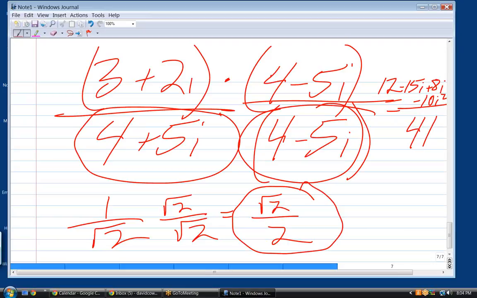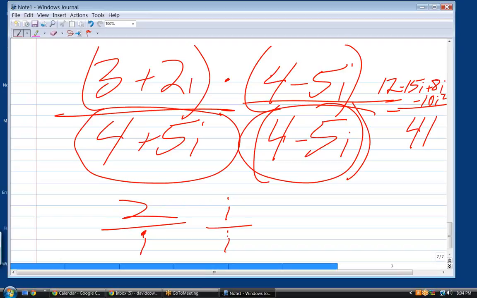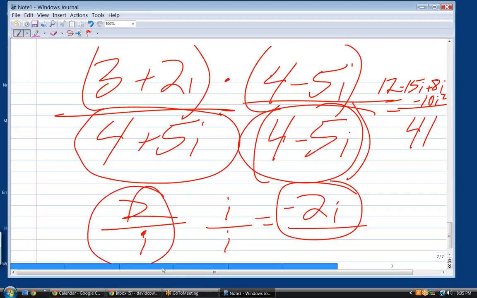Okay, so a similar thing applies to complex numbers. You do not want a complex number in the denominator. If I had 2 over i, that's not a satisfactory answer. But if I multiply that by i over i, well, now I have 2i over i squared, which is negative 1, which means the whole thing is just minus 2i. So 2 divided by i is the same as minus 2i.